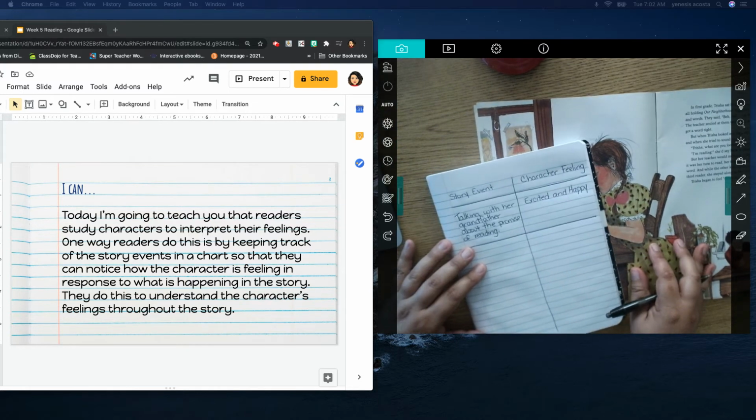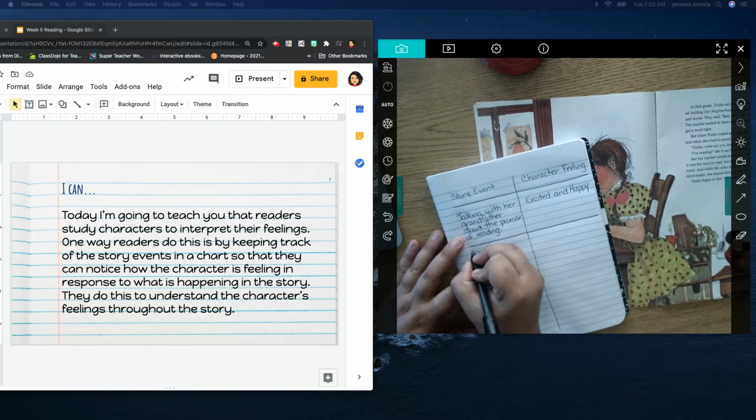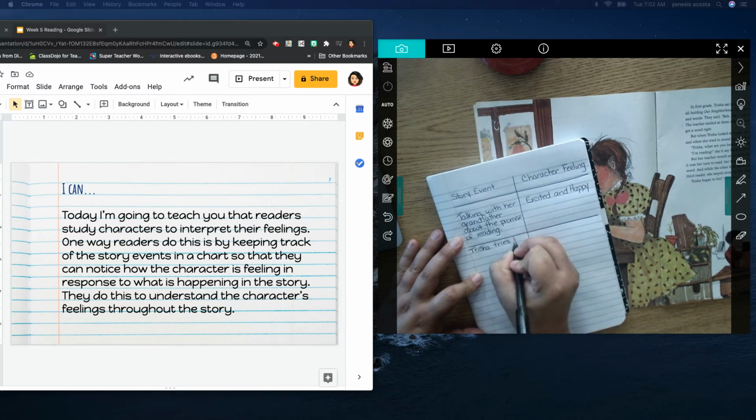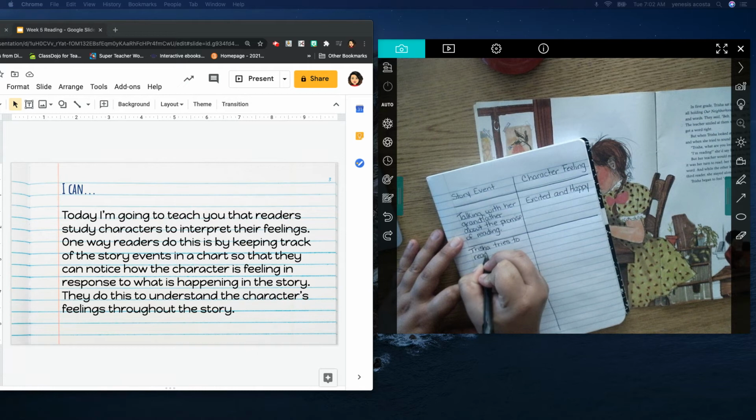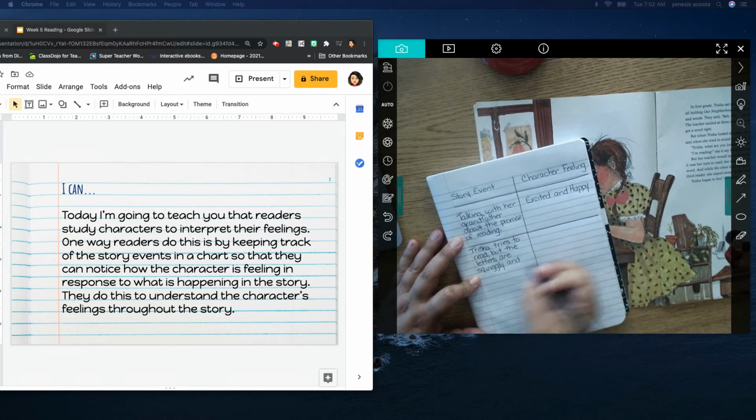I'm going to jot down my thinking and say: Trisha tries to read, but the letters are squiggly. And she has a hard time reading aloud.